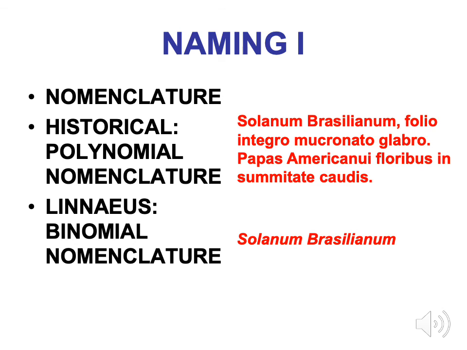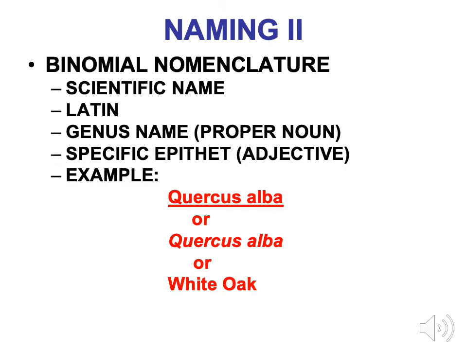It's nothing more than an abbreviated version of being able to specifically refer to a particular species using a much shorter, much abbreviated, and much more effective way of communicating about this particular plant or animal or species, no matter what type it is.